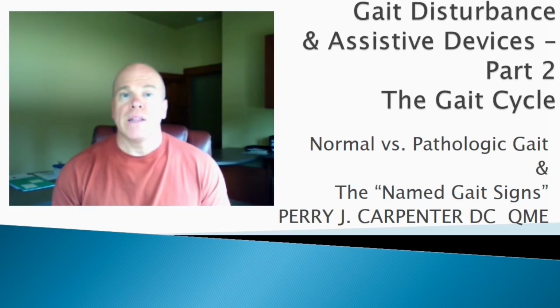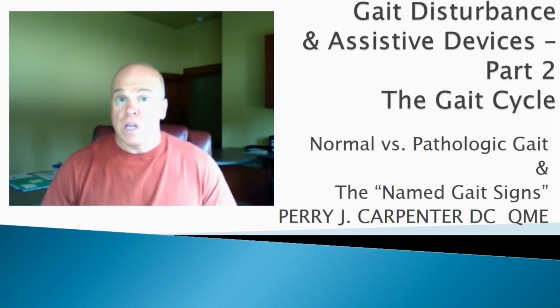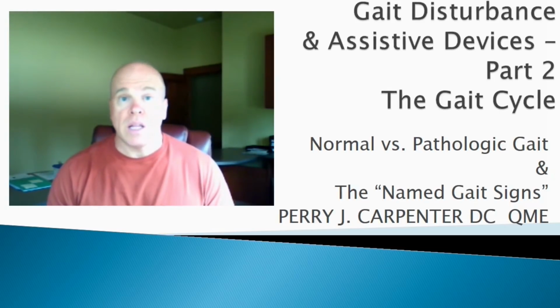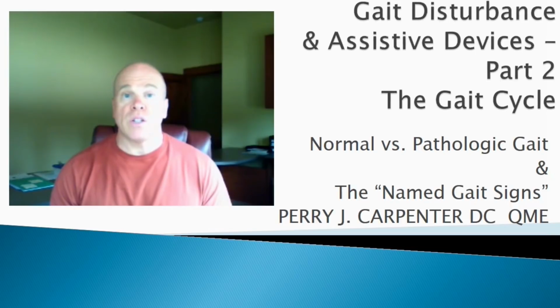This 4-part series that we're doing this month on gait and gait disturbances is a complete course on the AMA guides and the AMA guides descriptions of gait derangements in both Chapter 13 and Chapter 17.